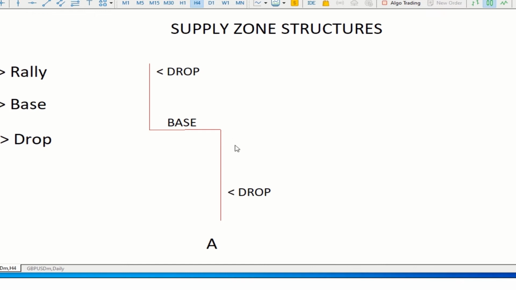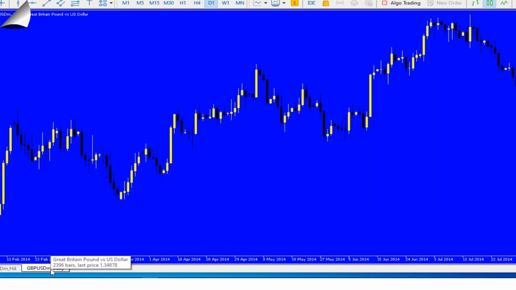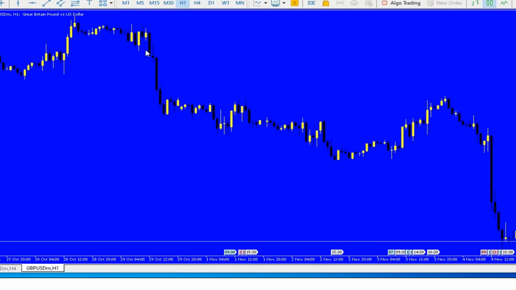On this note, I'll take you to the charts and help you locate this particular supply zone structure. Looking at this particular market, starting from the premium level, this is our drop. Looking at the trend, this is a typical example of supply zone structure. This side of the market, which is our drop, means sell pressure.